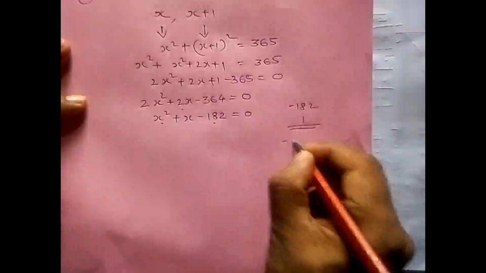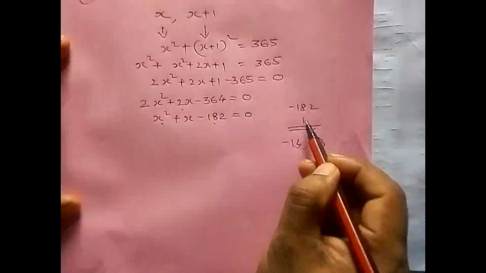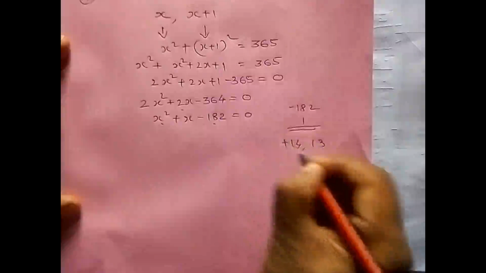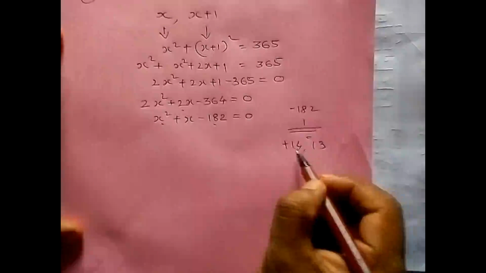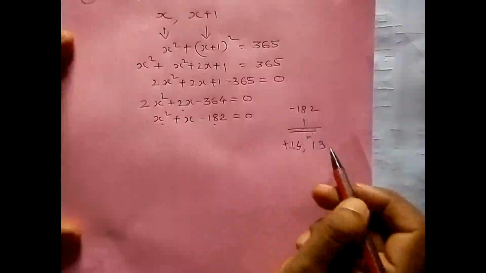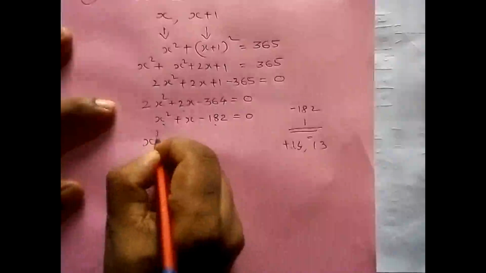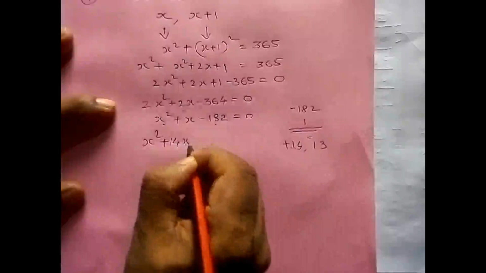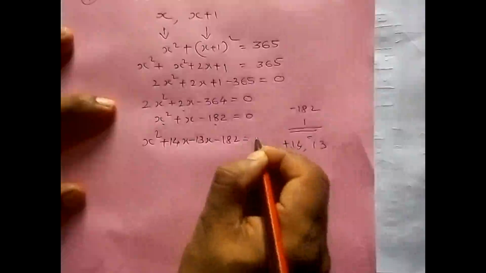So if it is minus 14 and plus 13, the product is minus 182 and the difference is 1. Sorry, here it is plus 14 and minus 13. Plus 14 and minus 13 means the product is minus 182 and the sum is 1. So I can split the middle term in such a way: x square plus 14x minus 13x minus 182 equal to 0.